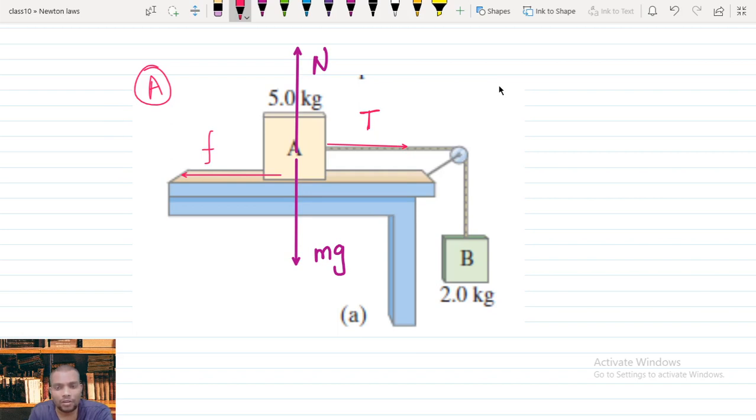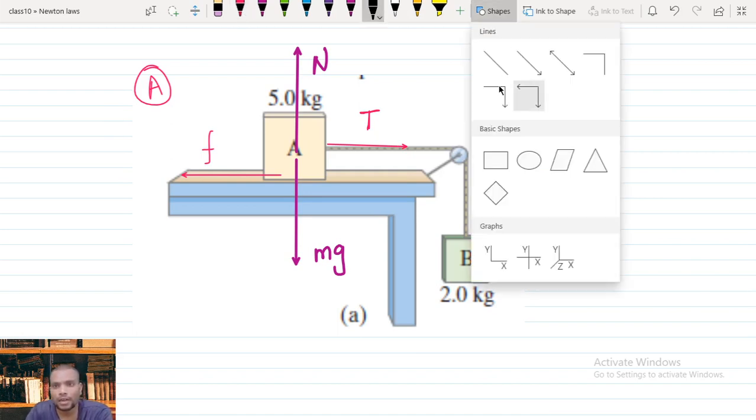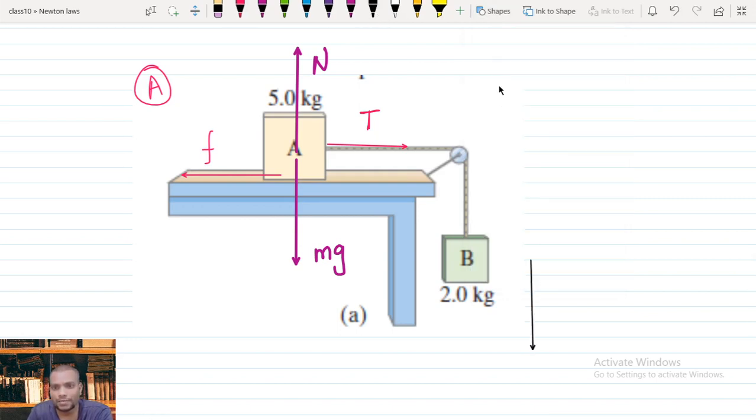And we will draw the free body diagram for object B. I will draw it down. The weight is acting in the downward direction, which is mg. To counterbalance weight, there is tension acting in the upward direction.